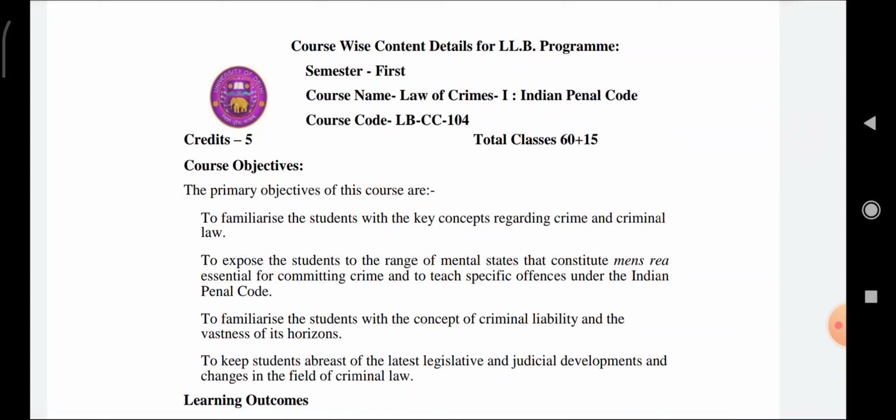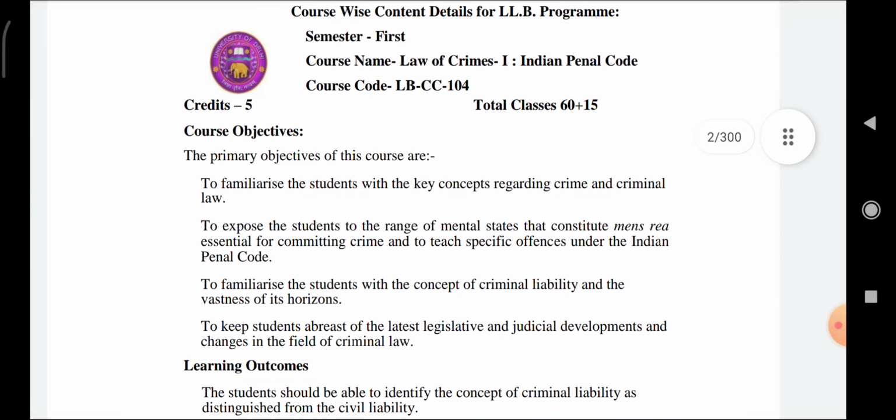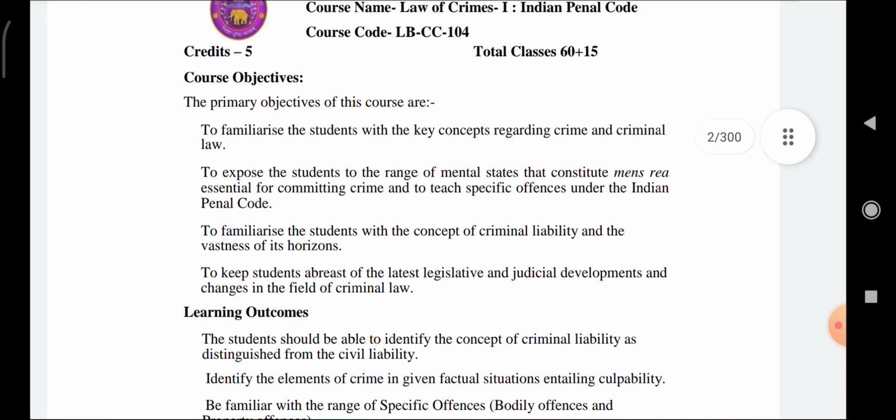The primary objectives of this course are to familiarize the student with the key concepts regarding crime and criminal law, to expose the student to a range of mental states that constitutes mens rea, that is guilty mind, essential for committing a crime, and to teach specific offences under the Indian Penal Code.